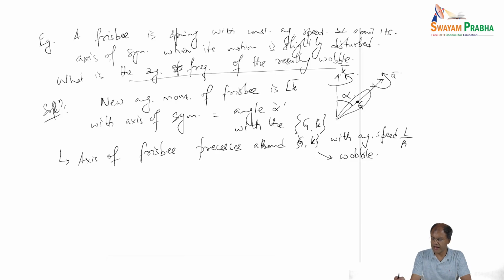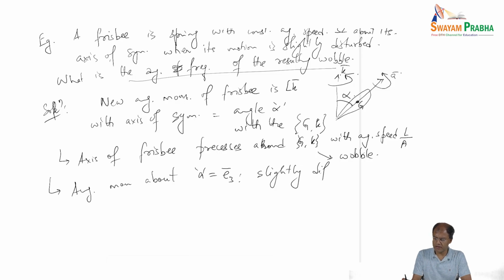So how about this second axis which is also spinning? What happens to that? The angular momentum about the A axis is going to differ slightly from the undisturbed state. This is also my E3 axis, the spin axis.